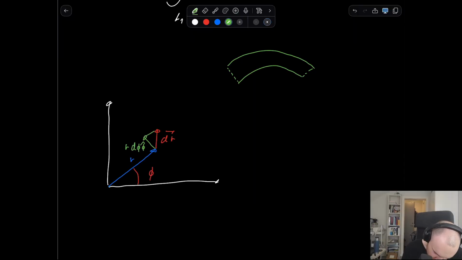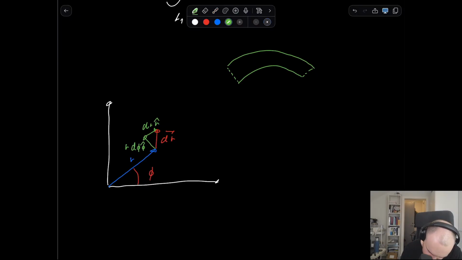And of course, the other component is r. So this is dr in the r direction. Don't be confused by this guy with this guy. dr is the total movement of the particle, and dr in the r hat is in the r component-wise direction that we moved.